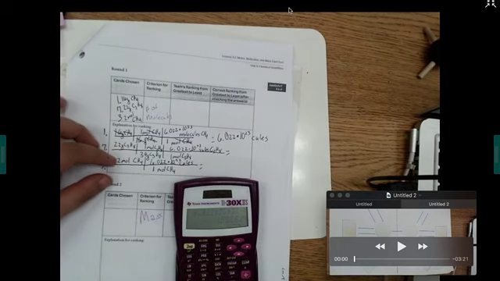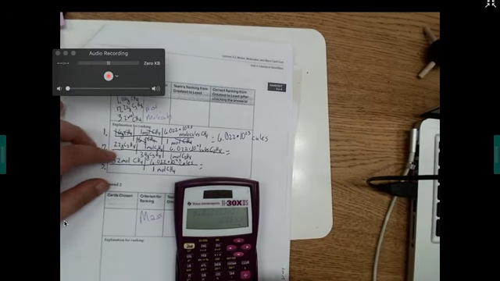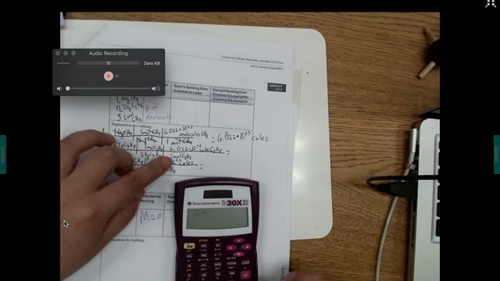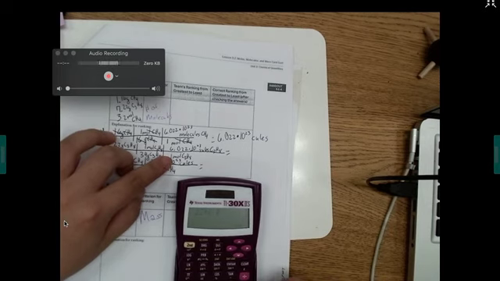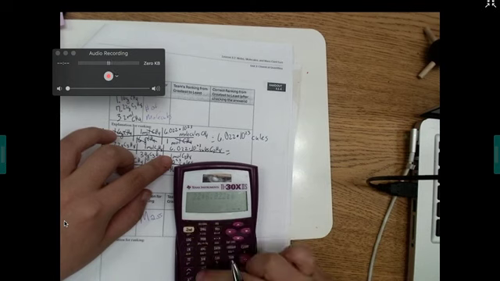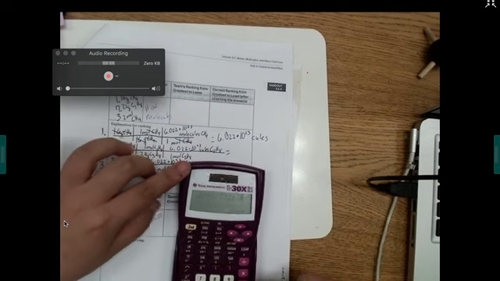Okay, so now this is going to be 22 times 6.02. Remember EE, so that's second EE, 23.